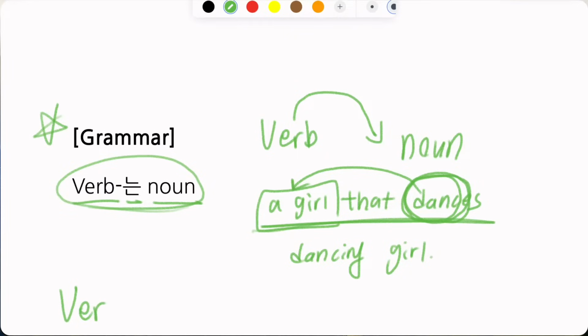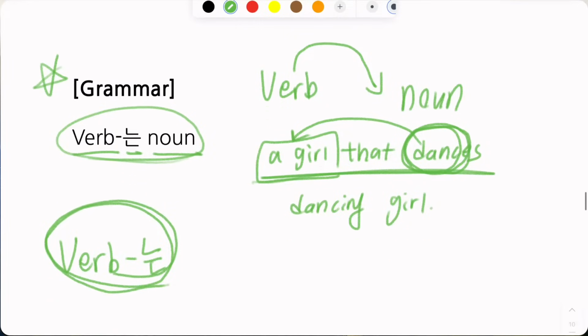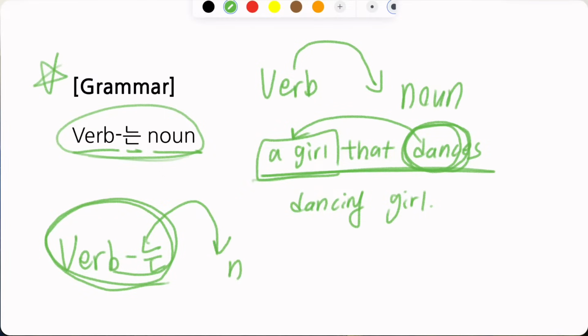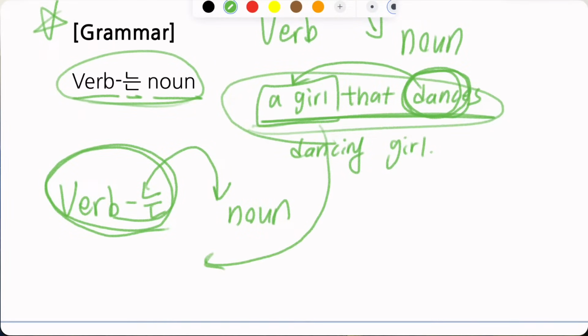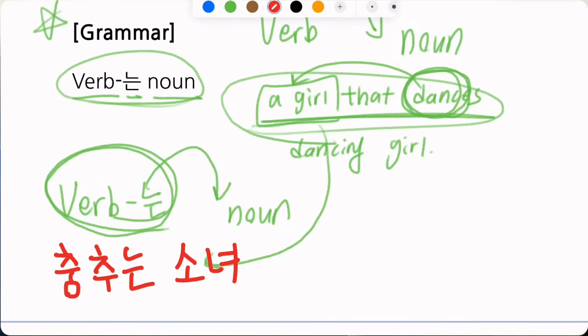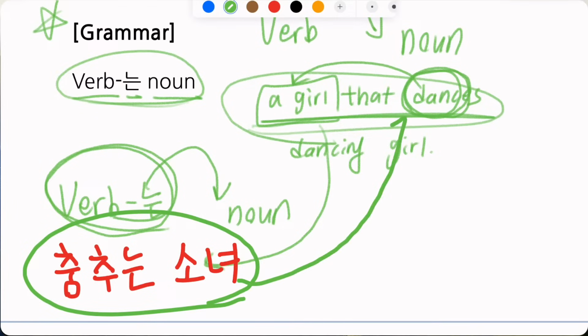By adding 는 to a verb, it makes the verb into a modifier form to add more details to a noun. So a girl that dances would be, dance is 춤추다. If you say 춤추, the verb stem form, 춤추는 소녀, a little girl, 춤추는 소녀 means a girl that dances.